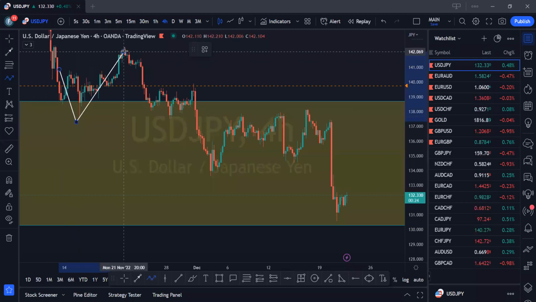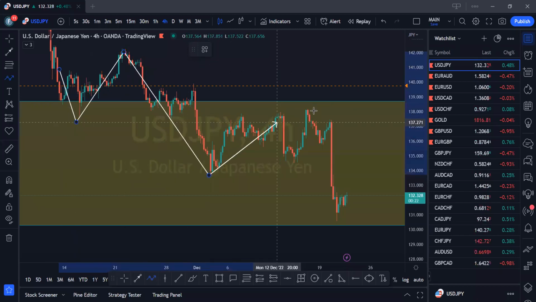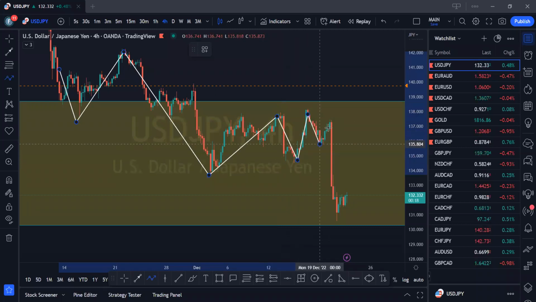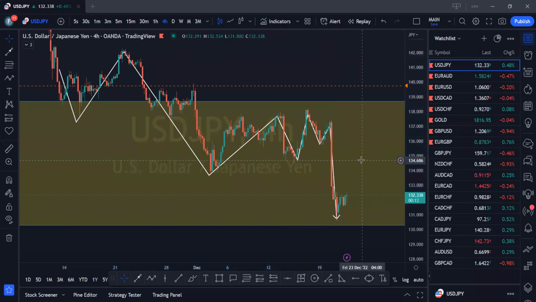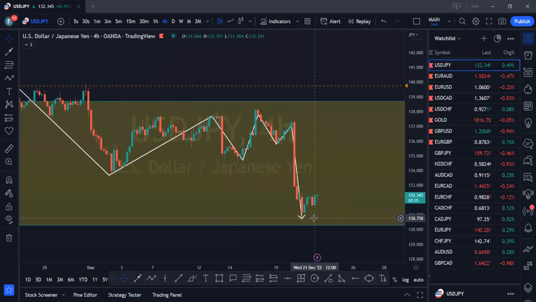So price is still very much in a downtrend on the 4 hours. Remember, we want to buy, but 4 hours has not given us any reason to buy because the market structure is still very much in a downtrend.